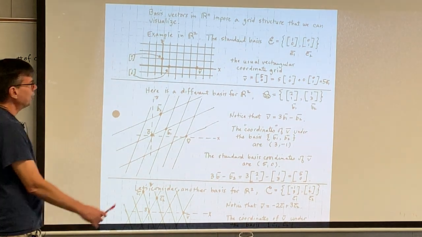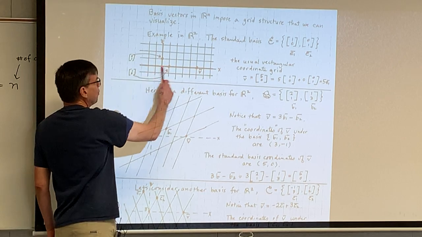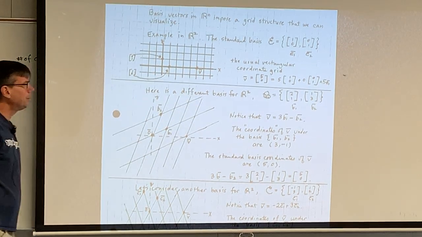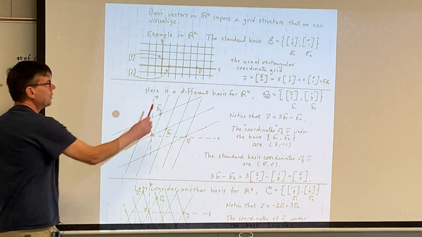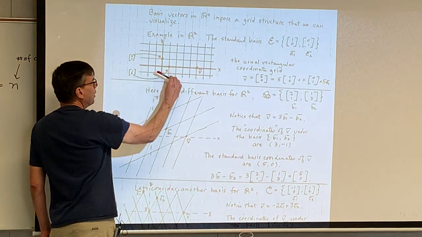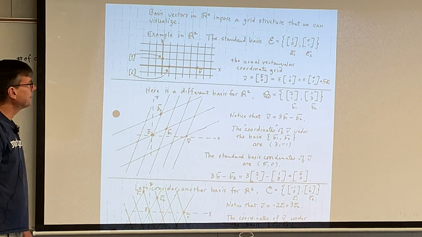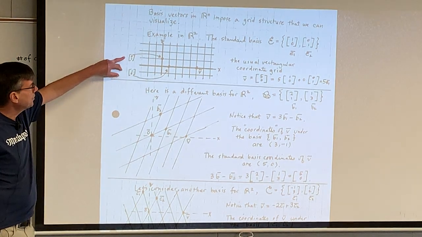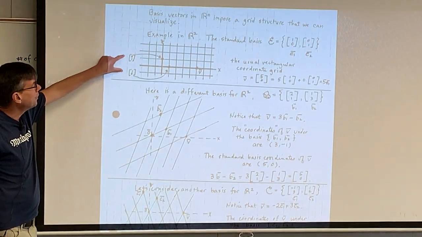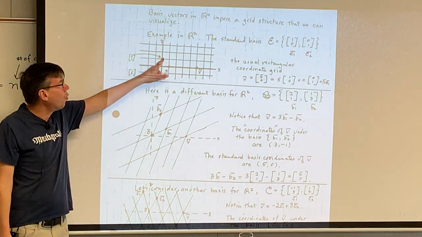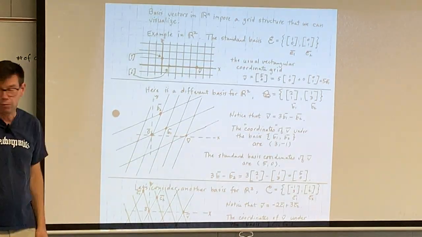And in my picture here, this is just our standard coordinate grid. I didn't label the axes, but the squares are 1, 2, 3, 4 going across, 1, 2, 3 going up on the y-axis. So our basis vectors, (1, 0) and (0, 1), correspond to points on the grid.